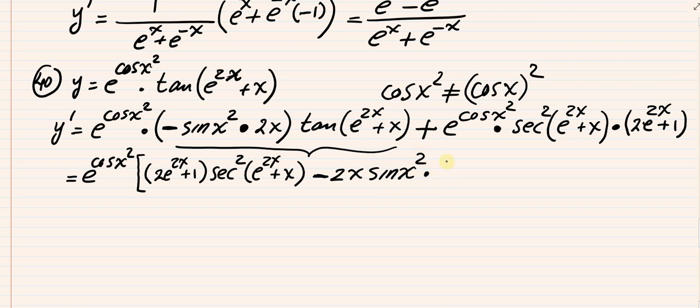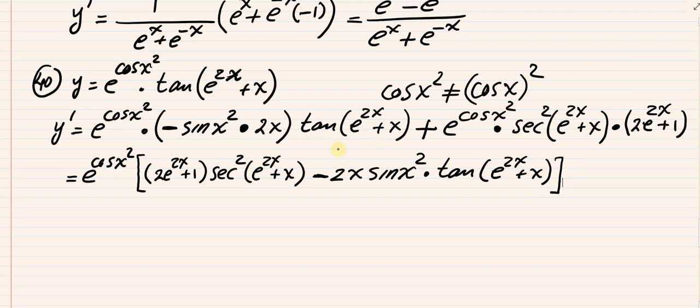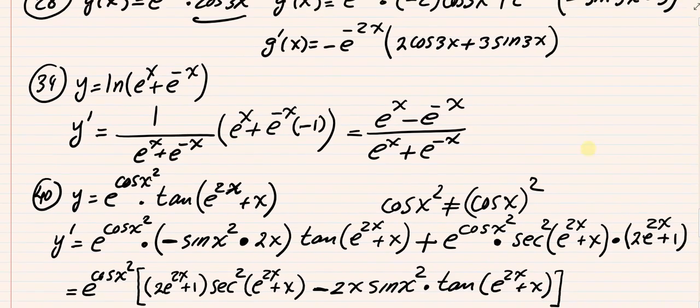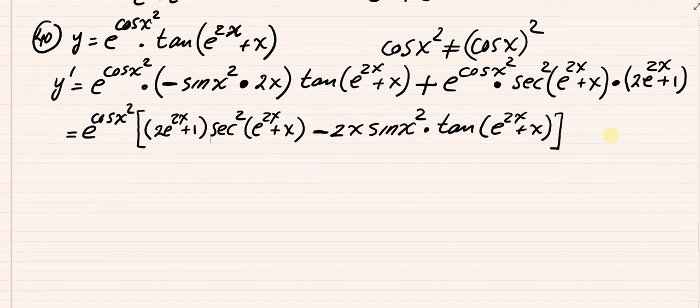And then times tangent of e to 2x plus x. Close bracket. And there you have it. Okay. And that is the answer to exercise number 40. Let me grab a few more and we'll do more.